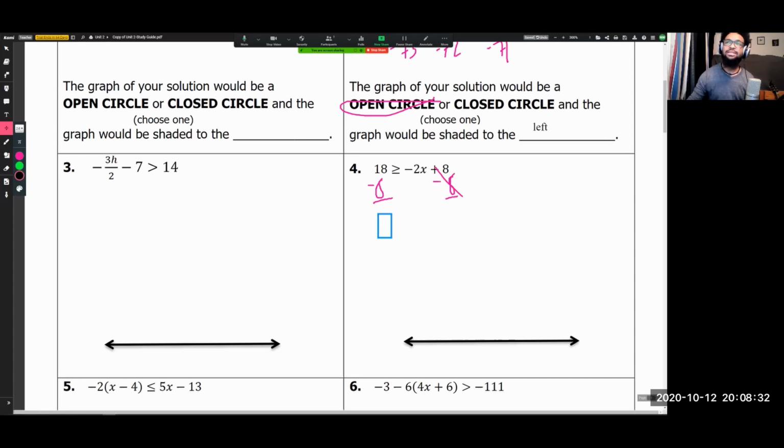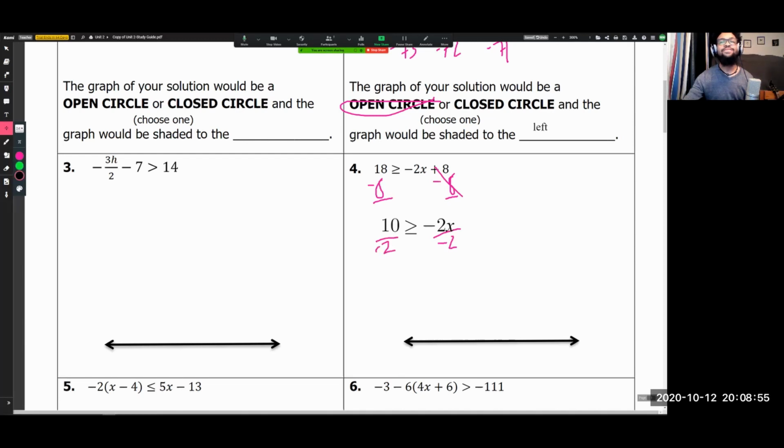And then I have this 18 plus a negative 8. That's going to give me a regular 10 is greater than or equal to negative 2x. And here I'm going to go ahead and divide by negative 2, divide by negative 2.